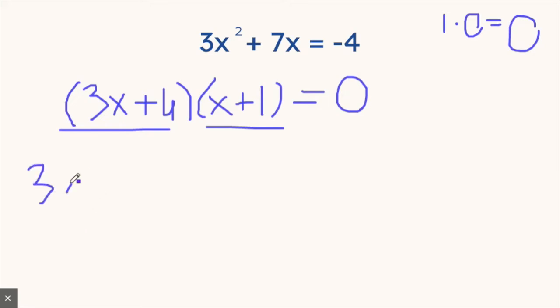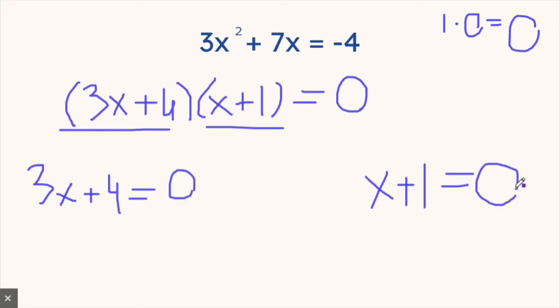We separate 3x plus 4, I'm going to write that a little bit more clearly, and x plus 1. And we know that one of these two needs to equal 0. So let's put both equal to 0 to find when they're equal to 0 and what x is.